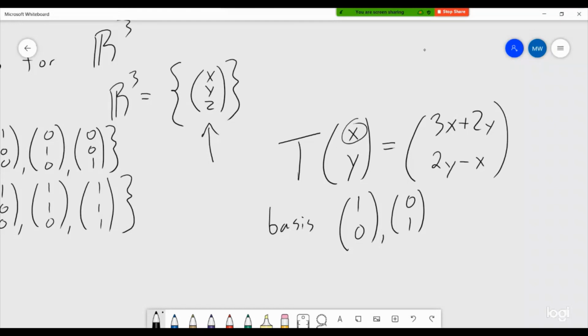Because of how these are written, we can tell the first is its own thing and the second is its own thing. So our vectors can be written with something only in the x spot, and something only in the y spot.